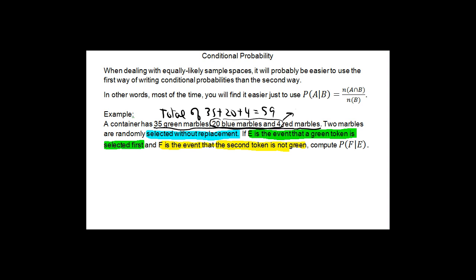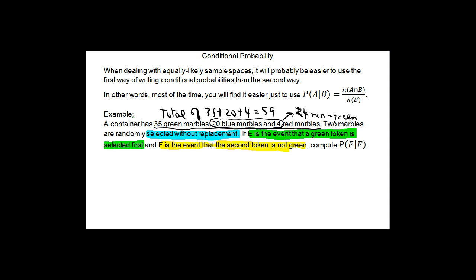There are 24 non-green marbles. So that's probably going to be important. We're just looking at green versus non-green. Whether they're red or blue is irrelevant. This is the kind of thing you need to do when you're looking at a problem like this. Look through here and find out what's important or what you think is going to be important.